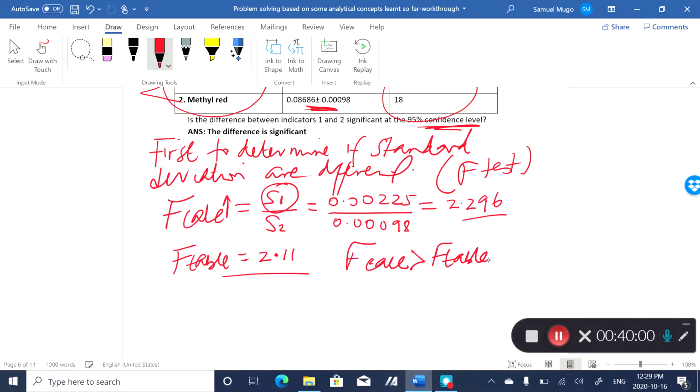And so in that case, the null hypothesis would say that the two standard deviations are significantly different.